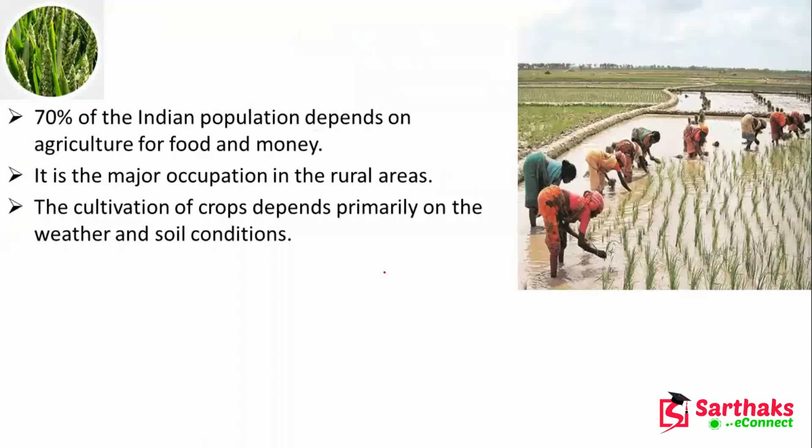Now, 70% of Indian population depends on agriculture for food and money. Now, first thing, food. Here we have different types of food. And in our country, some of the areas are very much expert in that type of food cultivation, right?